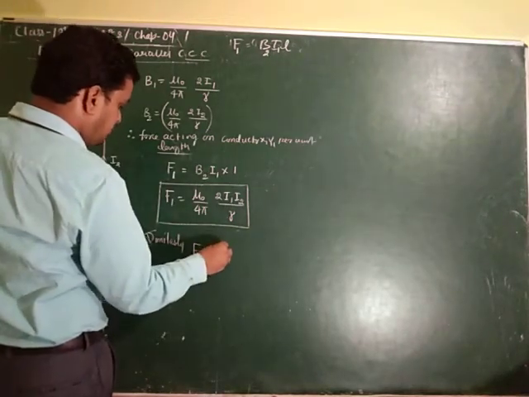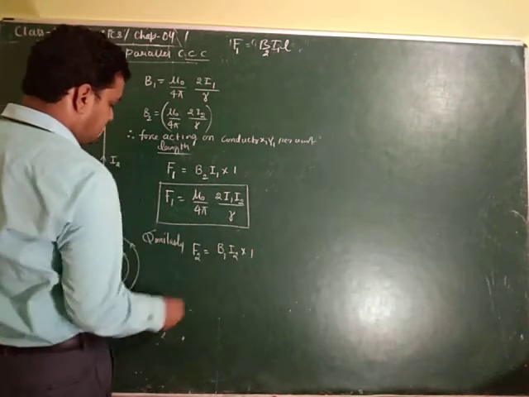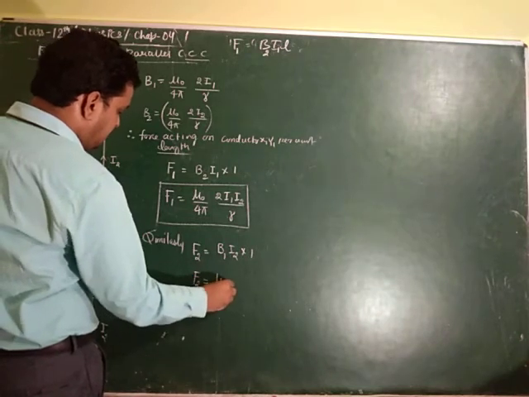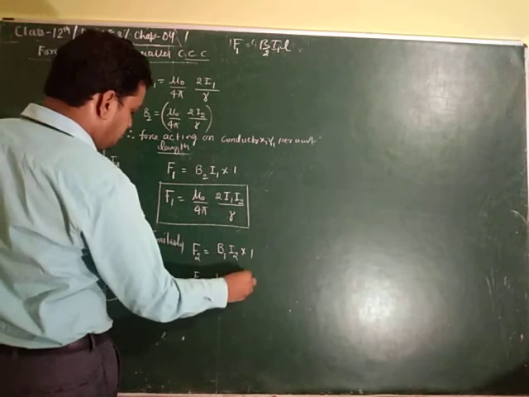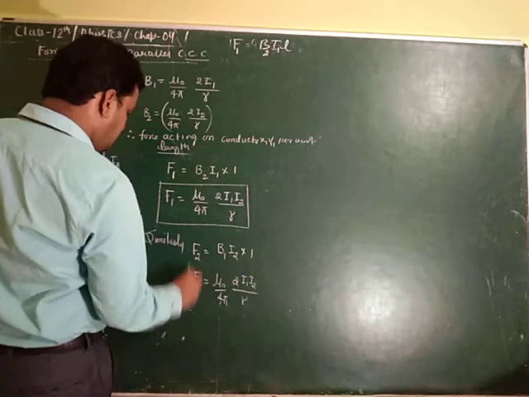Similarly, B1 multiplied by I2, per meter we are calculating. So this will be mu naught by 4 pi into 2 I1 I2 divided by R.